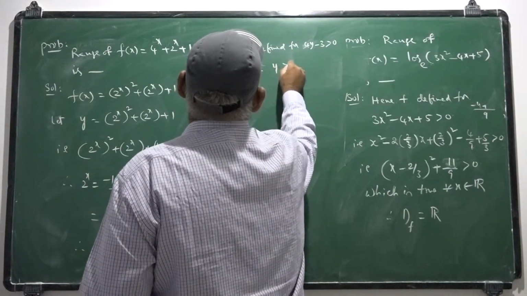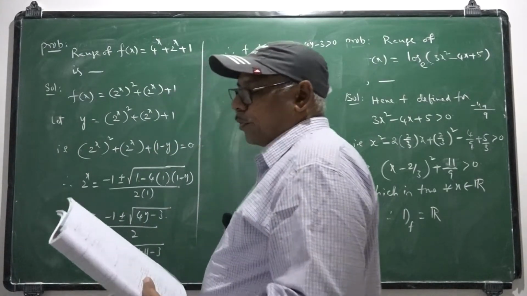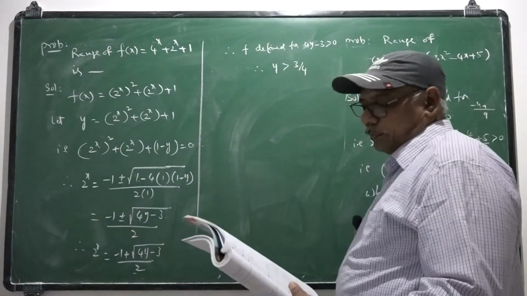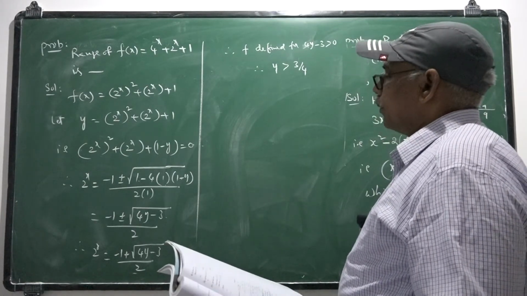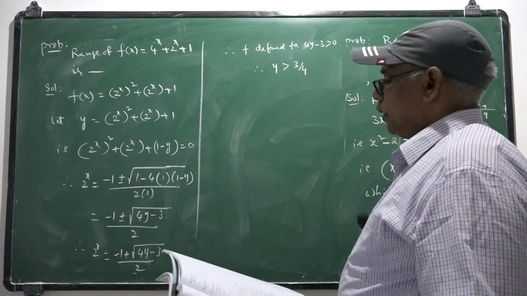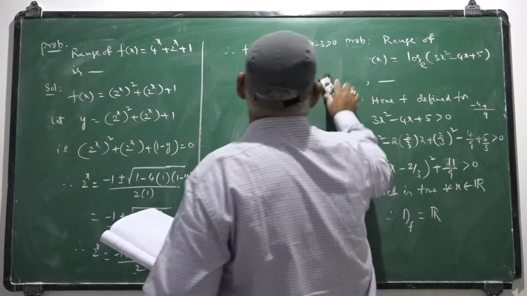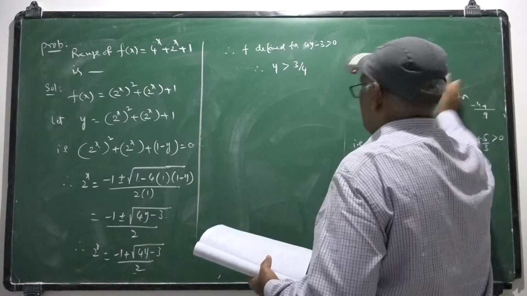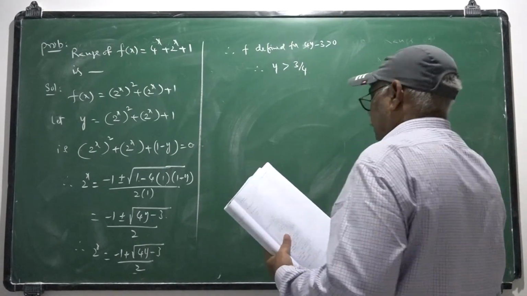So y greater than 3 by 4. Y greater than 3 by 4 means y is more than 3 by 4. Of course, 2 power x should be positive. 2 power x is positive.